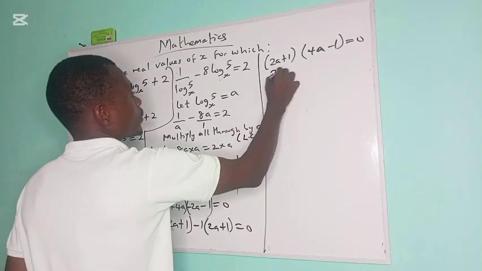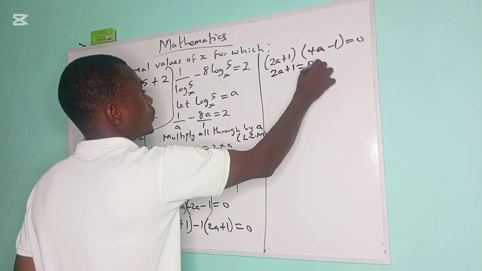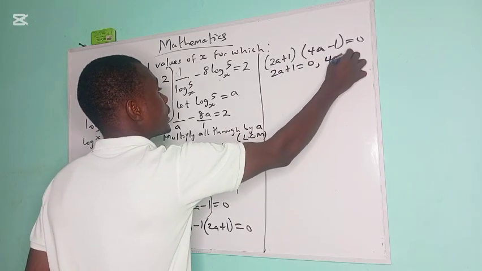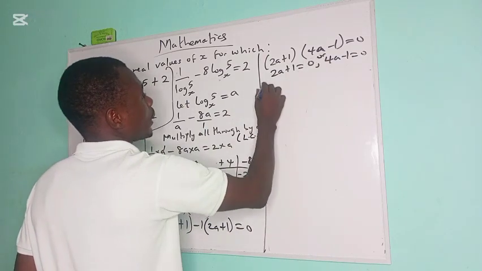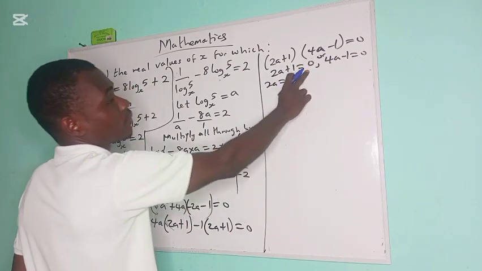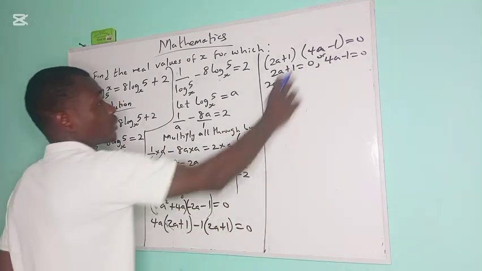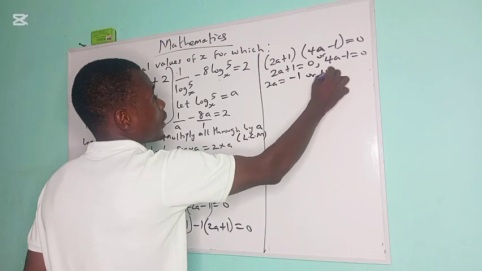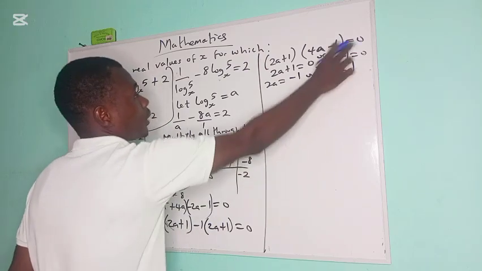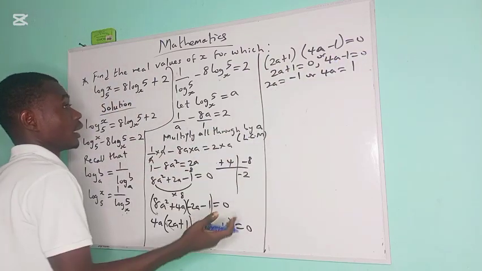So if you solve for that, you will get 2a is equal to, take this one to this side, plus 1 minus to the other side, that's minus 1. 4a as plus 1, you transpose it or collect like terms.